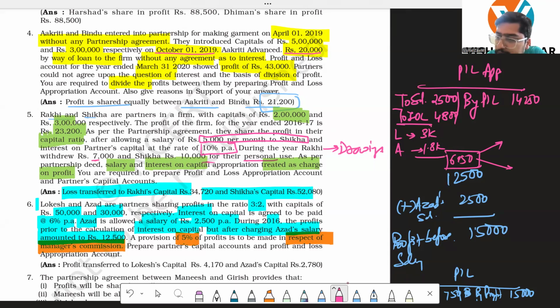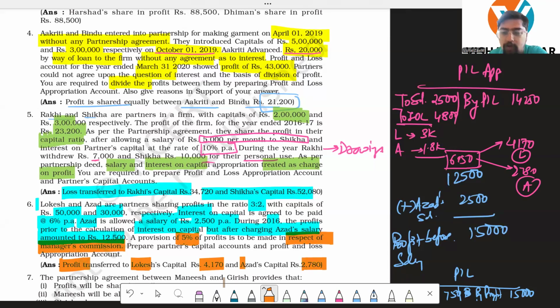So 6,950 divided by 5 into 3. So the profit share will be 4,170 for Lokesh and the balance 2,780 will be for Azad. So if we check the solution, the profit is 4,170 for Lokesh and 2,780 for Azad.